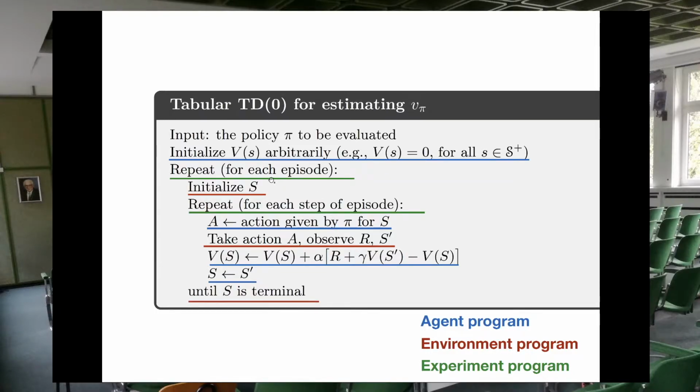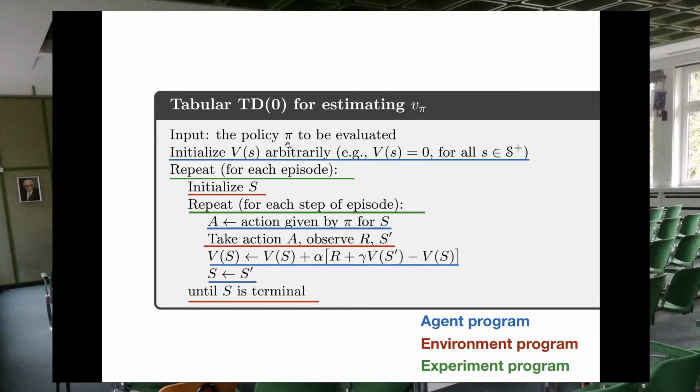Here you can see that the lines of code in blue belong to the agent. The lines of code in green are considered part of the experiment program, and the lines in red represent code that belongs to the environment dynamics. In this algorithm we have as input the policy pi to be evaluated.